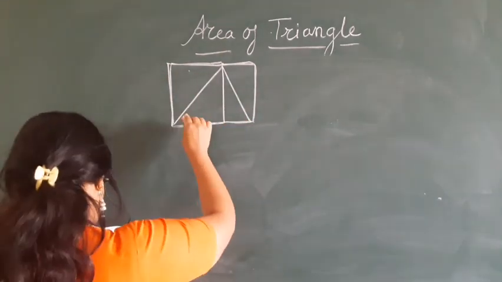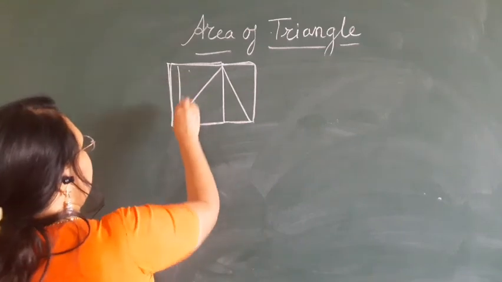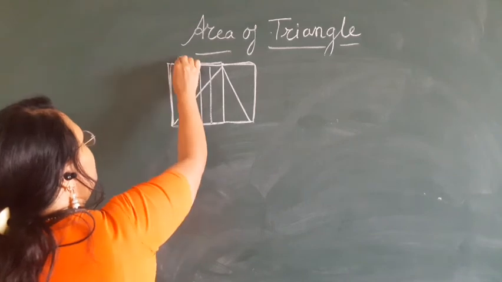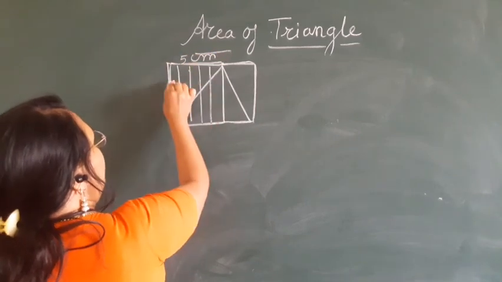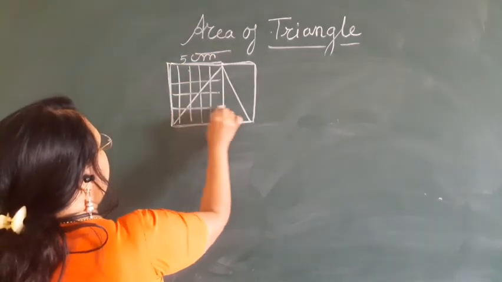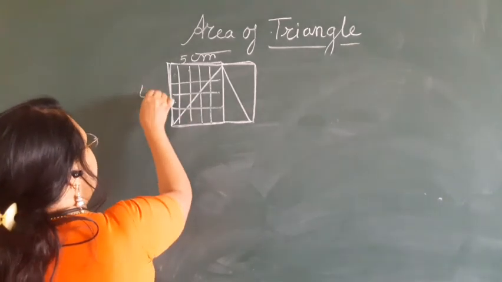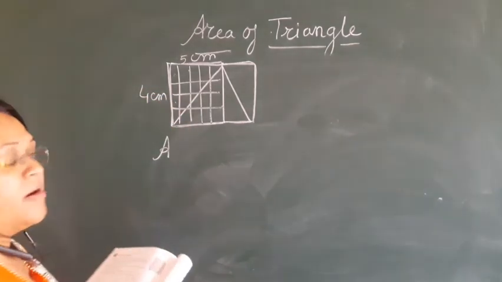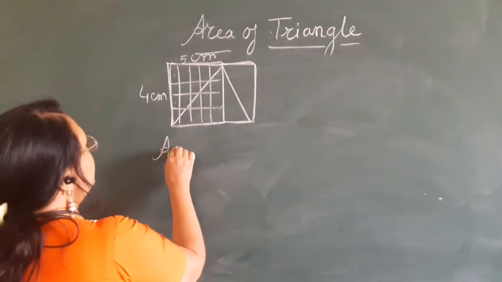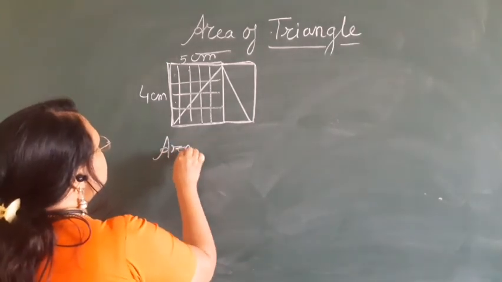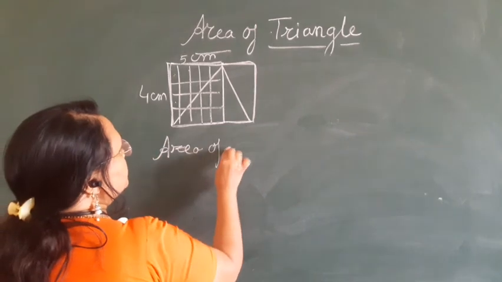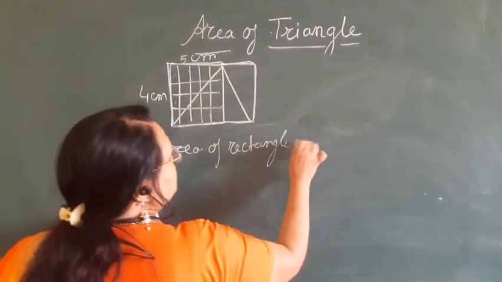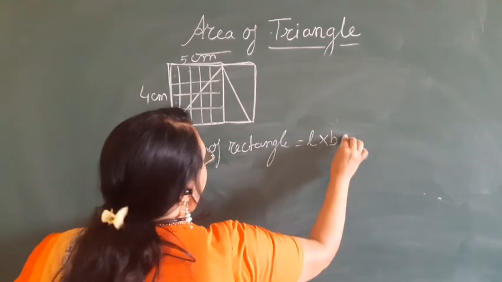Okay, here it is given 1, 2, 3, 4, it is 5 centimeter, and 1, 2, 3, it is 4 centimeter. So first we can find the area of the rectangle, which equals length multiplied by breadth.